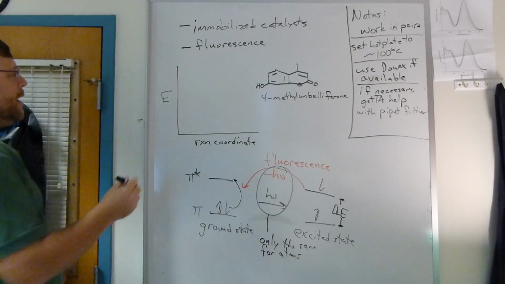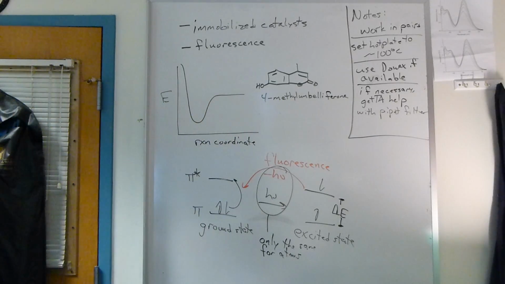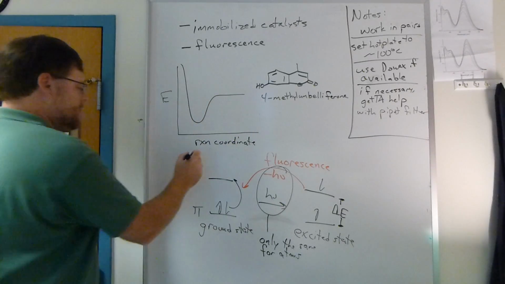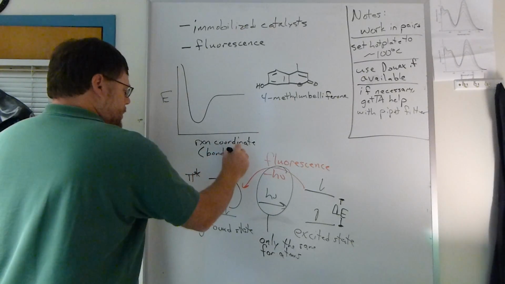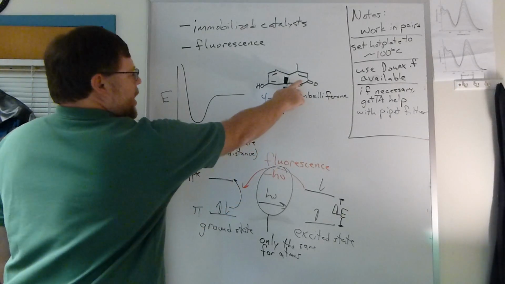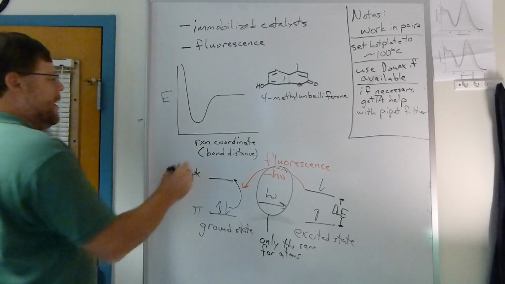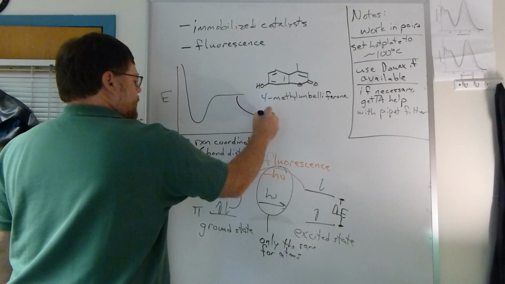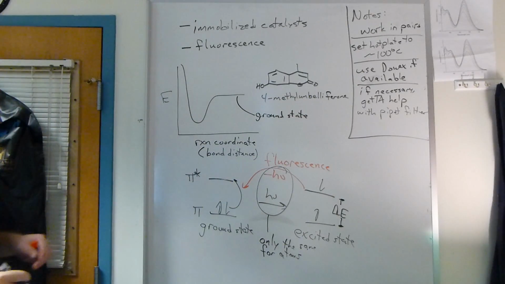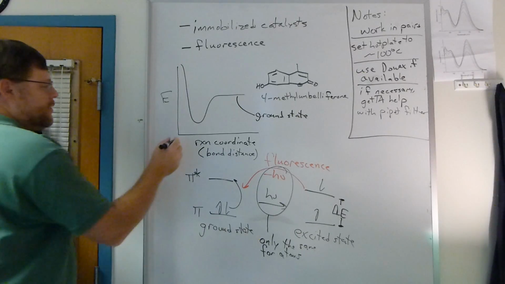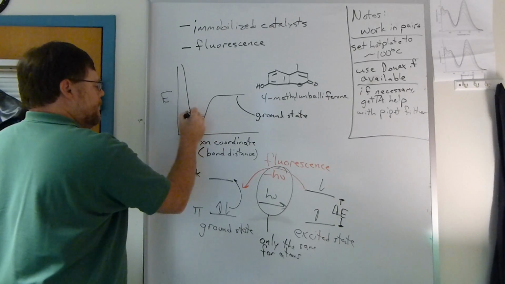All right, so for a chemical bond, if you plot the reaction coordinate, this is usually a bond distance, say. So we might look at the bond distance between these two carbon atoms. This is for the ground state. It's called an energy surface for the ground state. And at some point, somebody probably told you there are vibration levels here.